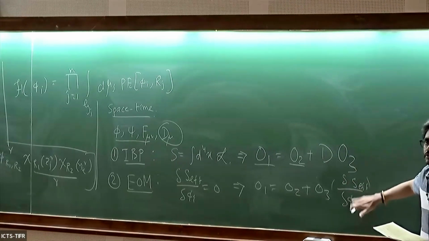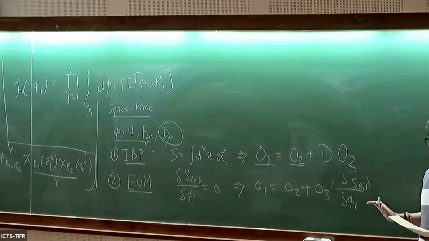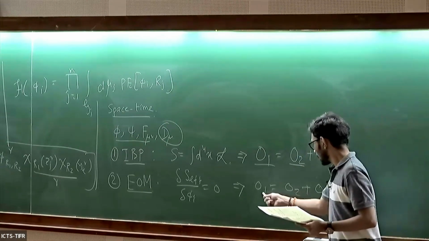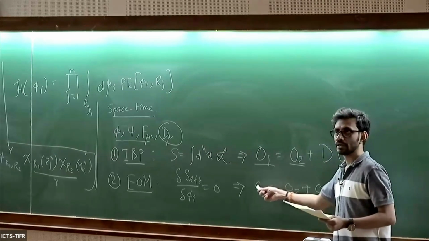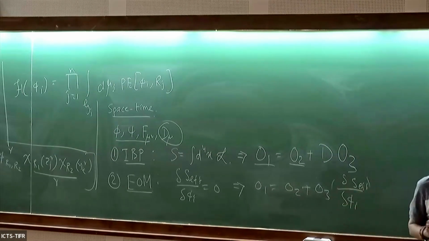So this part actually drops out. Again, our conclusion would be that I will consider either the O1 operator or the O2 operator, just to remove the redundancy from my theory.